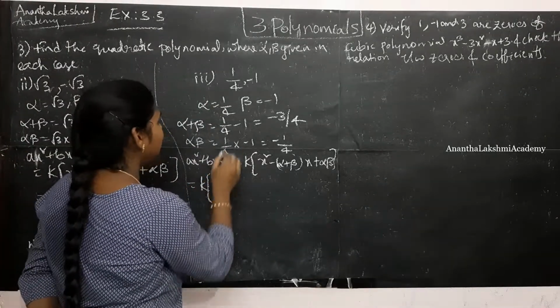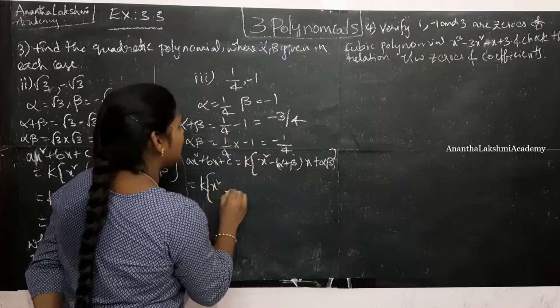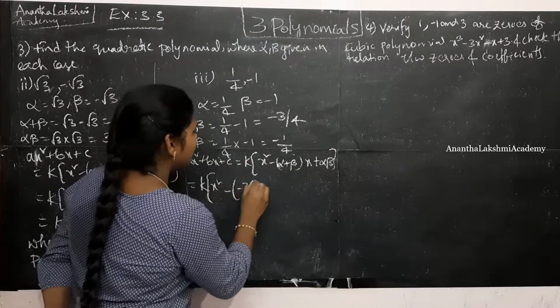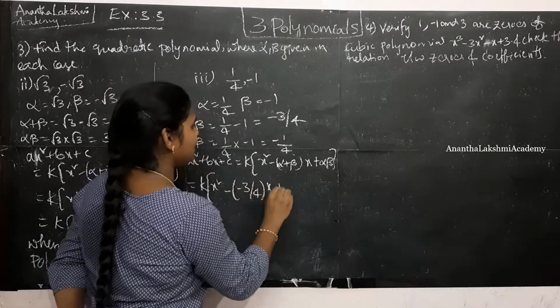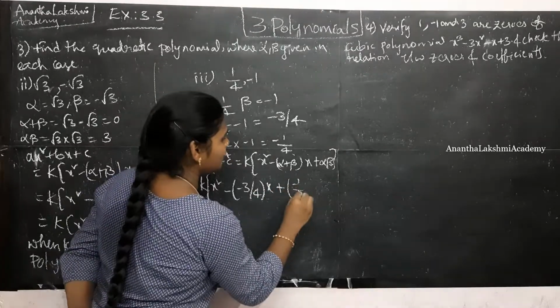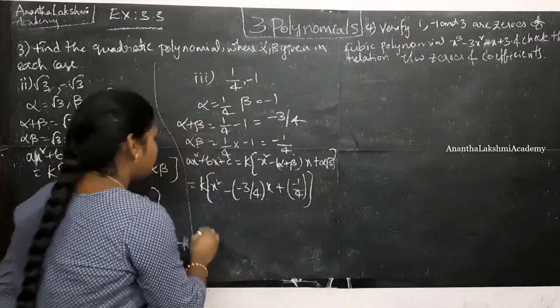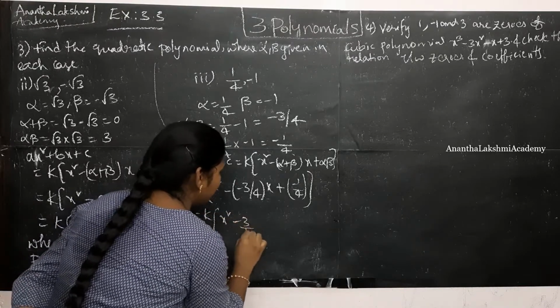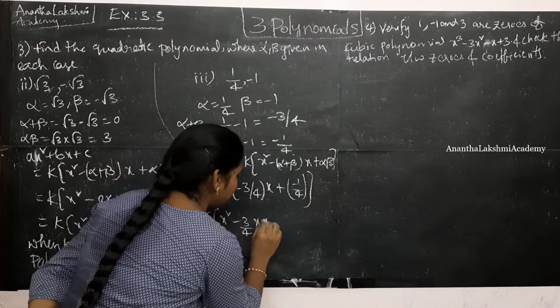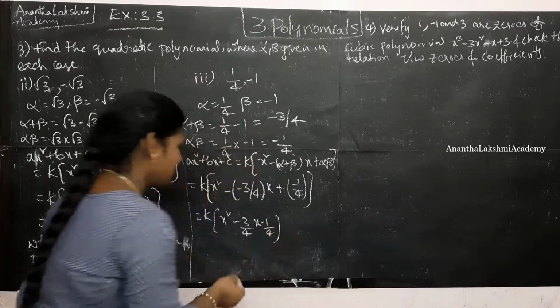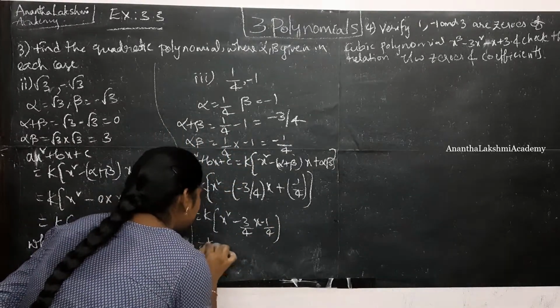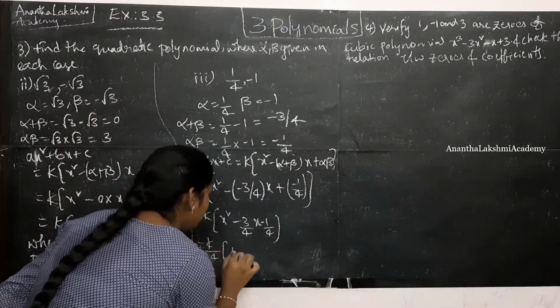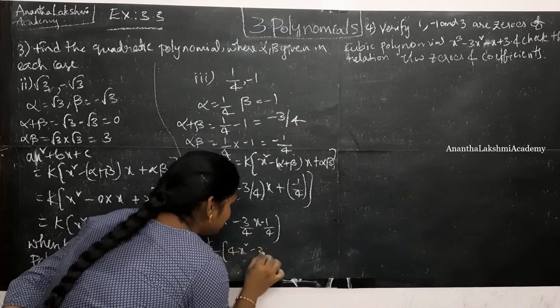K into x square minus 3 by 4 multiplied with x and minus 1 by 4. So what is this going to be? K into x square minus 3 by 4x plus minus 1 by 4. So let me consider the LCM. K by 4 into 4x square minus 3x minus 1.